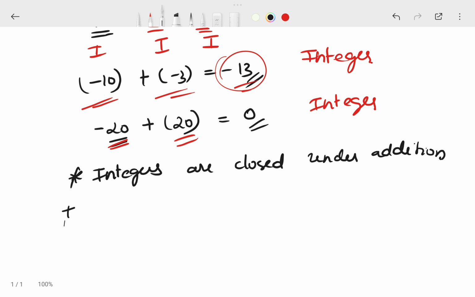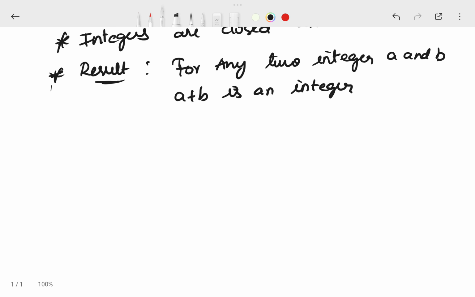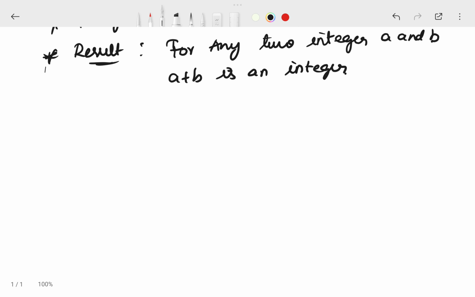From this we can write the result: for any two integers a and b, a plus b is an integer. So this is true for addition.